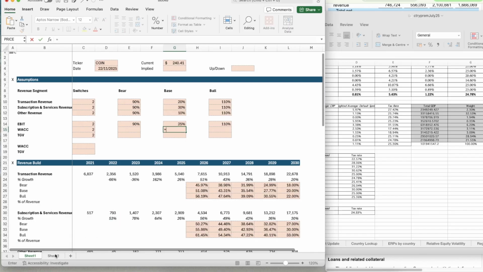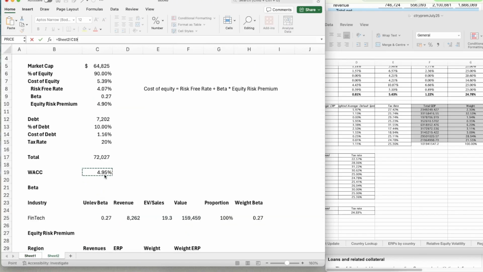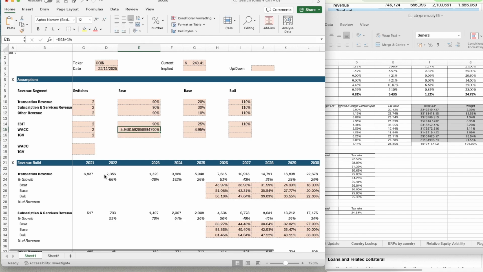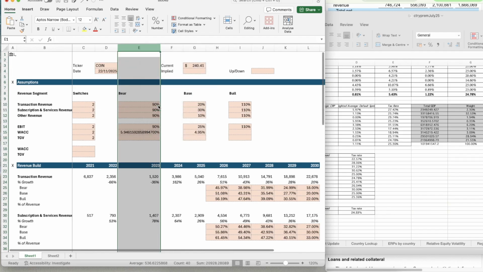So let's come back. Take this, put it equal to your WACC. And for a bear case scenario, I think we'll add 1% for the bear case scenario, so it increases the WACC significantly.